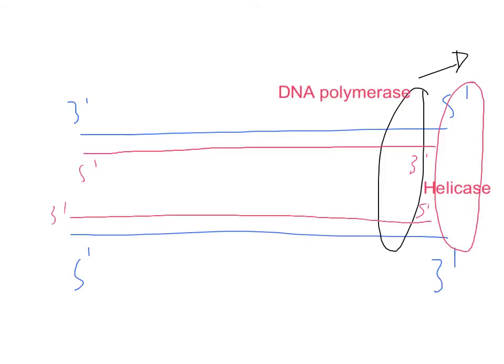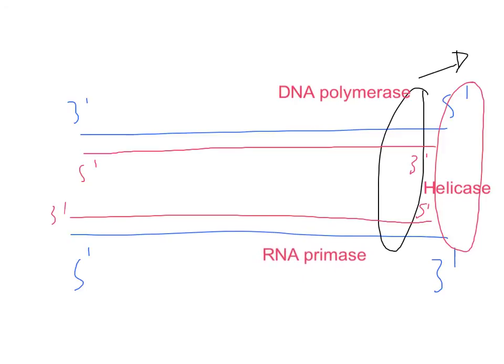So what has to happen is we need another enzyme, and this particular enzyme is called RNA primase. Okay.